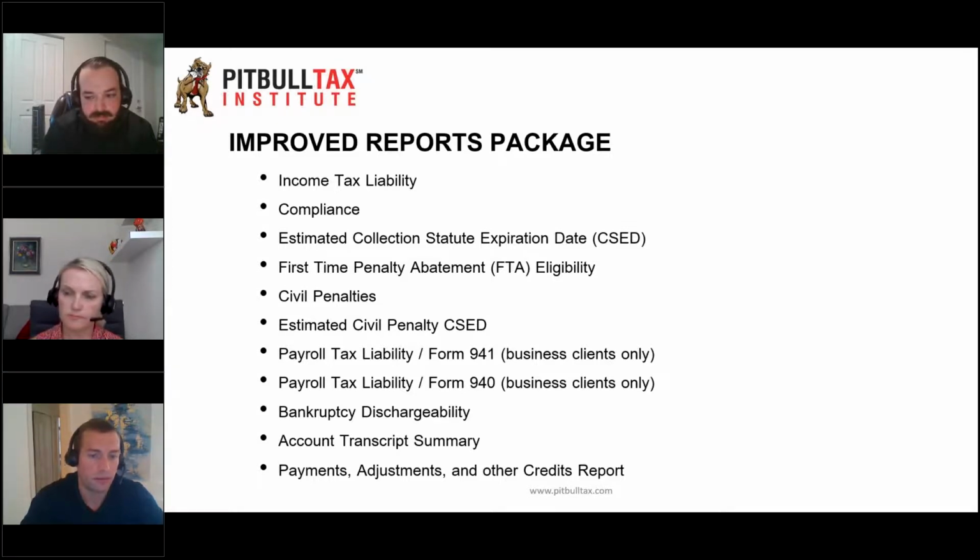This has the businesses and the individual: the income tax liability report, the compliance report, the estimated collection statute expiration date, the CSED report, the first time penalty abatement eligibility report, civil penalties, estimated civil penalty CSED, payroll tax liability, both the 941 and the 940 for the business clients when you pull the business transcript reports, the bankruptcy dischargeability report, the account transcript summary report, and then our payments, adjustments, and other credits report.